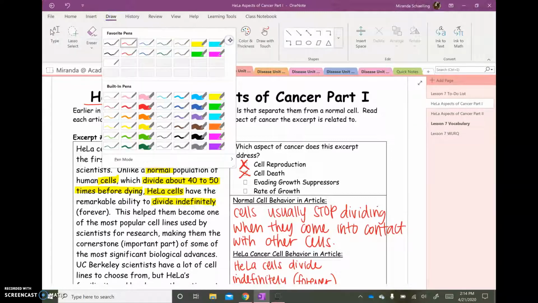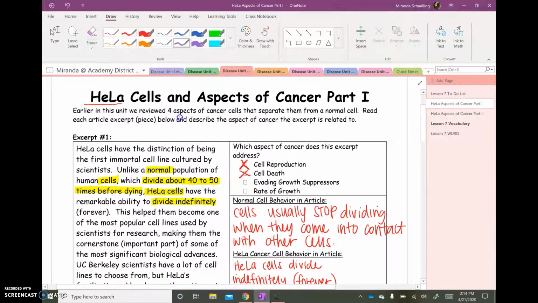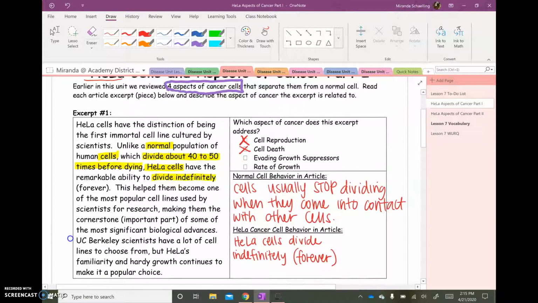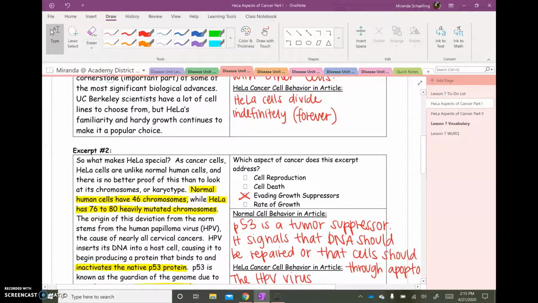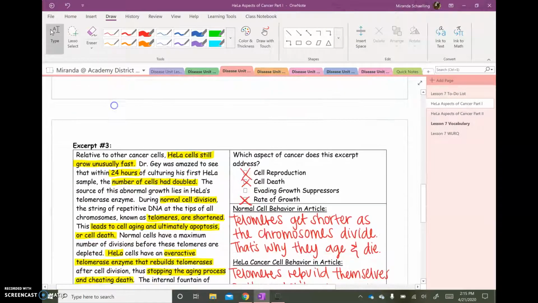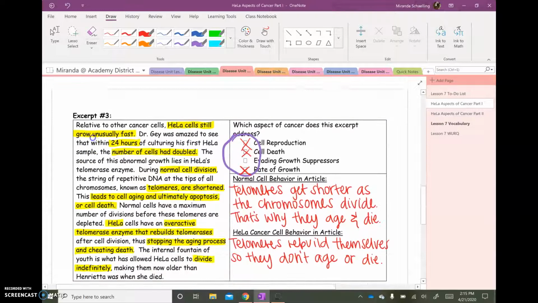Okay, let me put my purple on so you can discern between what I wrote before and what I'm writing now. All right, so earlier in this unit, we reviewed 4 aspects of cancer cells that separate them from a normal cell. That's what we did on the second day of the unit. So we're going to read each piece and then we're going to compare and contrast. Now, if you notice, there are multiple answers that you can put here. There's even 3 over here on excerpt number 3.